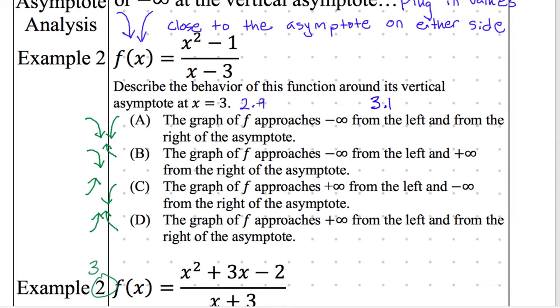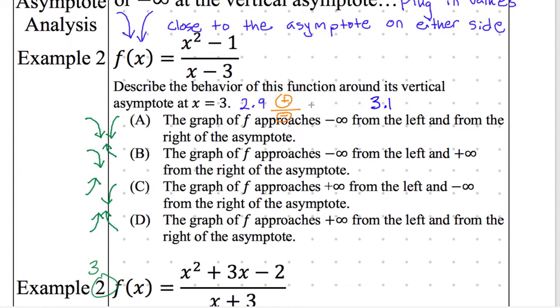At 2.9, what's the top? When I plug in 2.9, the top is going to be 2.9 squared, which is over 4, because 2 squared would be 4. But it's positive, right? So we have a positive on the top. When I plug in 2.9 on the bottom, I get a negative.